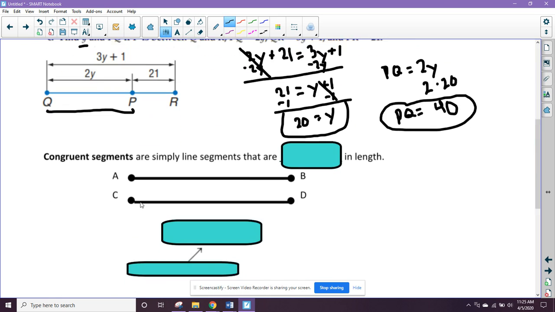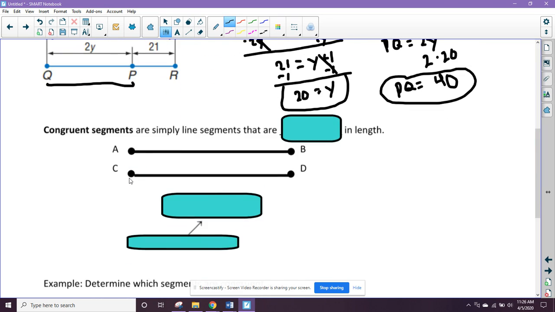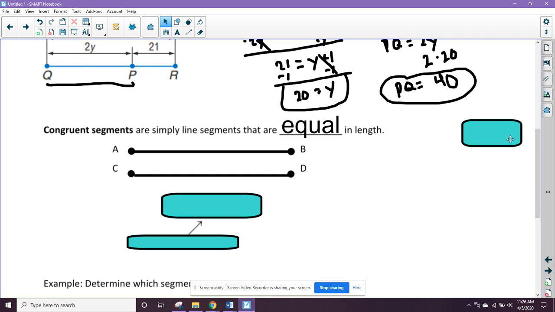Okay, the last thing we're going to look at today is congruent segments. So congruent segments are simply lines that are equal in length. So here we have A, B, and C, D. They match up, so you can say AB is the same length as CD. So these are congruent. So we show congruent lines with little tick marks.